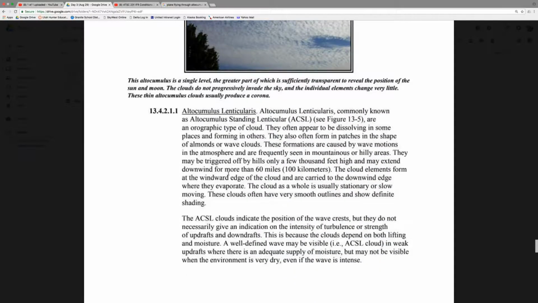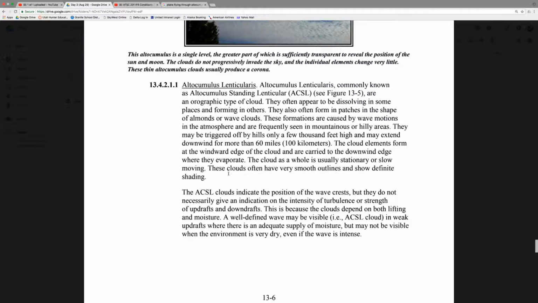So Altocumulus lenticulars. These are very dangerous clouds. ACSL, this is one of the few clouds that we're going to see in our weather reports, okay? Altocumulus standing lenticulars.